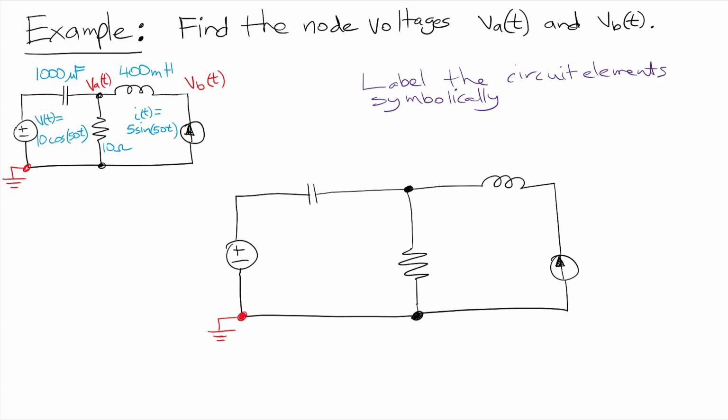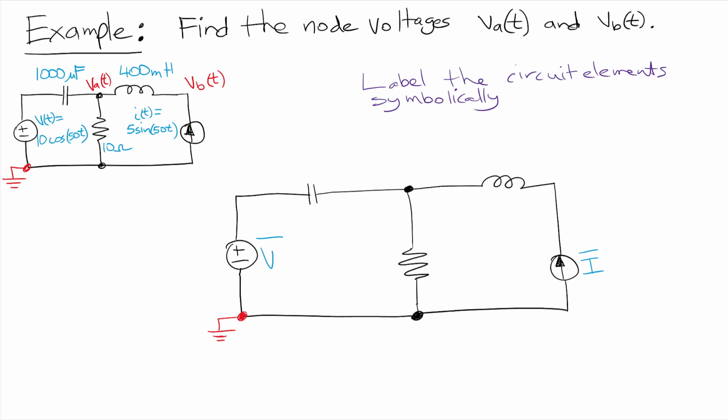Okay, so now the voltage source, V of t, is equal to 10 cos 50t. I'm going to label it symbolically as the voltage phasor, V. Okay, the current source, I of t, equal to sine 50t. I'm going to label that as the current phasor, I. Okay, so then what about the capacitor?